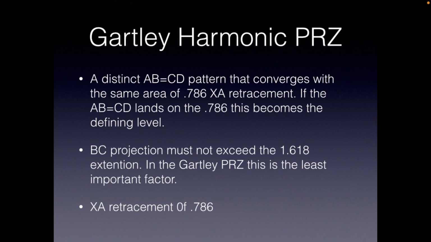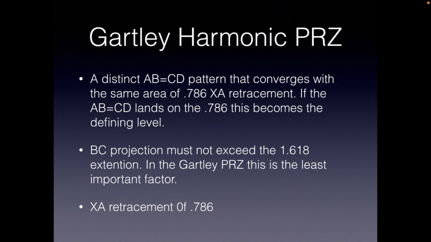The PRZ is also a little bit different in the Gartley than the other ones, as the most important element is going to be the ABCD pattern that you want converging with the same area of the 0.786 XA retracement. If the ABCD lands right on top of the 0.786, which often happens, this becomes the defining level.